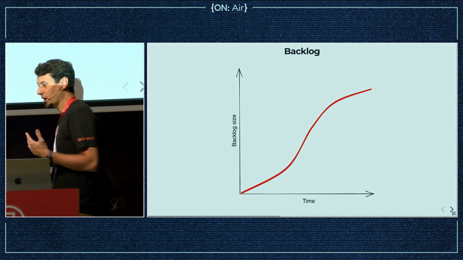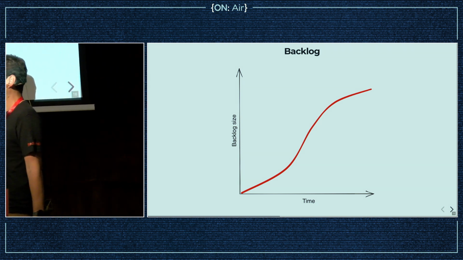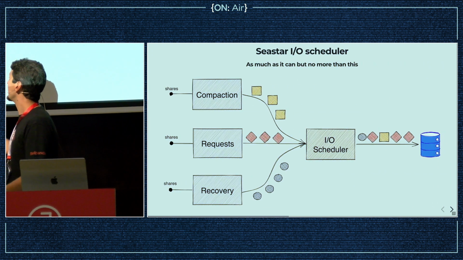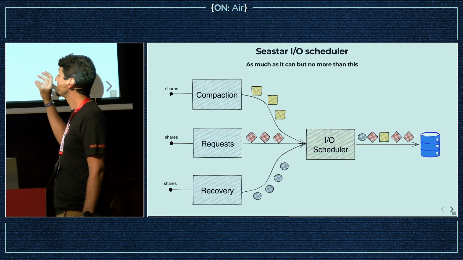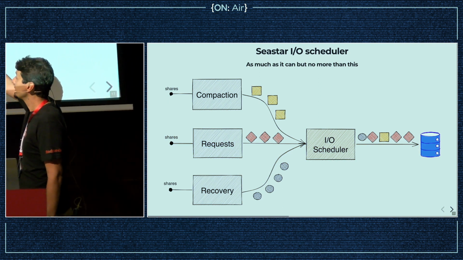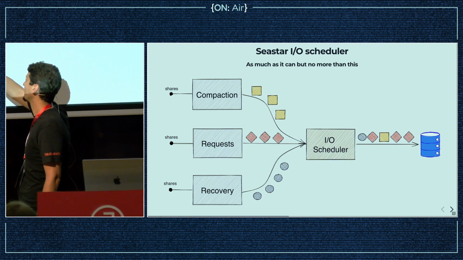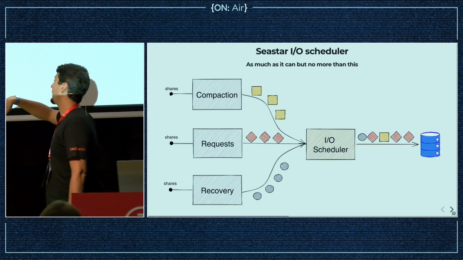The way we do that is by leveraging Seastar, and Seastar gives us two perfect knobs to do this. One of them is an I/O scheduler. Seastar has a user-space I/O scheduler, and in this diagram, on the left-hand side, we can see different classes of I/O requests, like compaction that I mentioned.